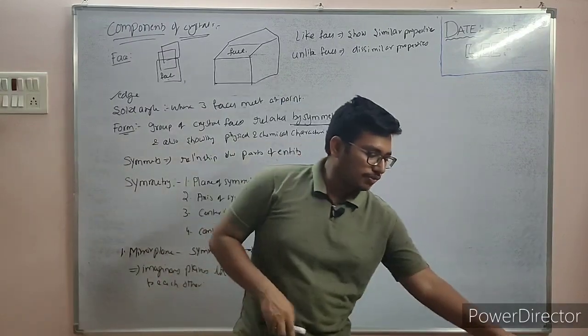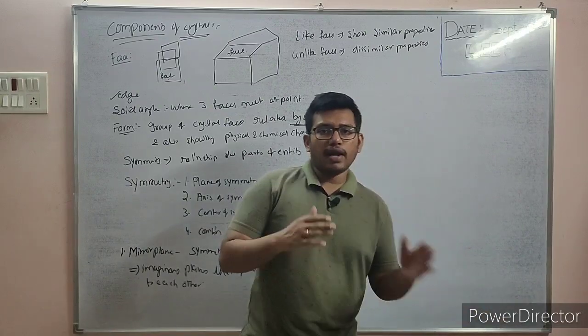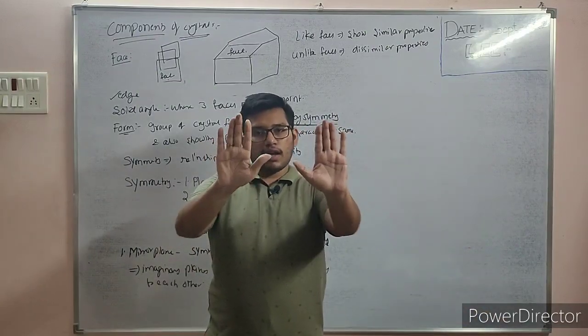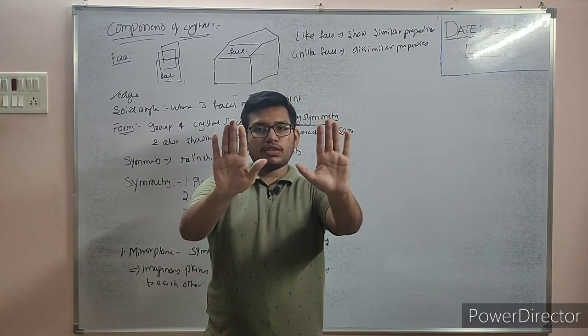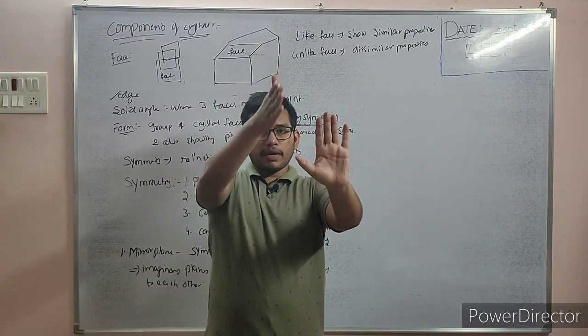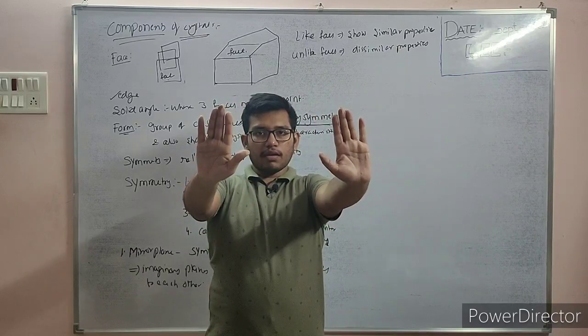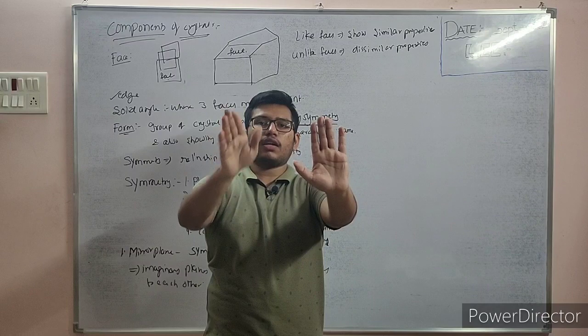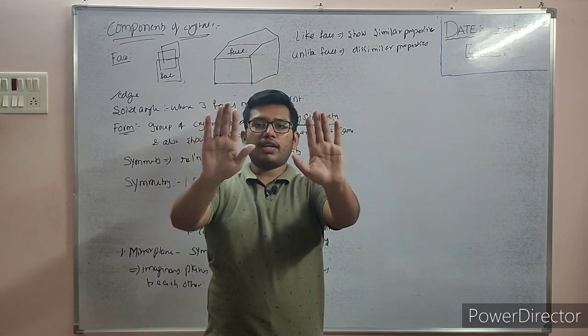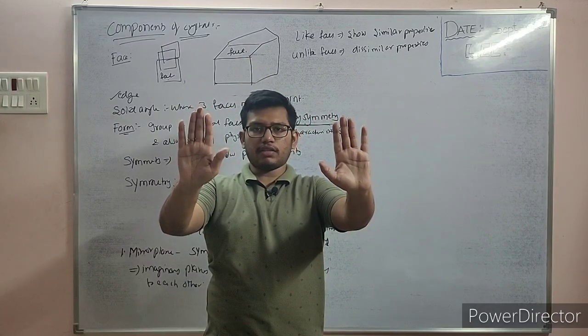Now suppose you take two hands like this. What is it showing? It is like mirror images of each other. So if you put the mirror plane, it is like a reflection of both of the hands, right? If you put the mirror plane, it is dividing into two mirror images.